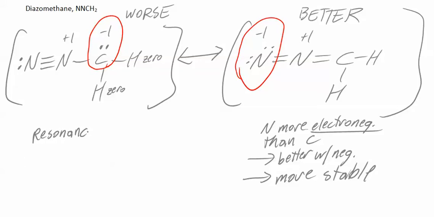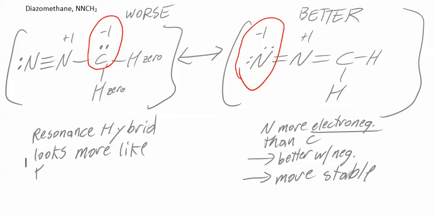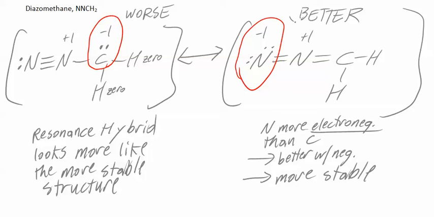The resonance hybrid, the real molecule, is going to look more like the more stable one. So the real molecule looks more like this one and less like the other one on the left.